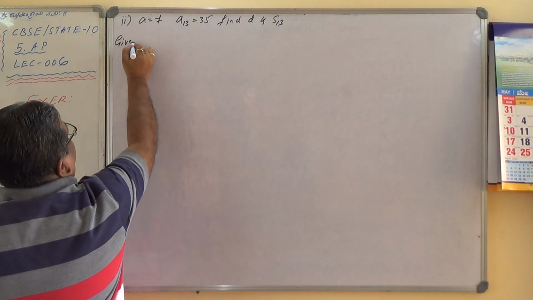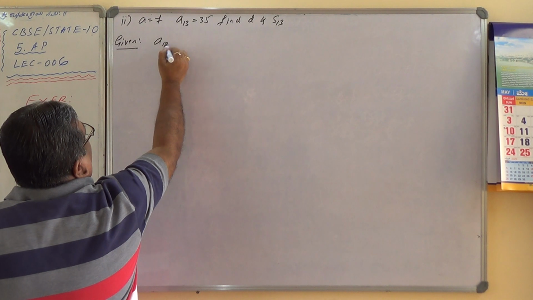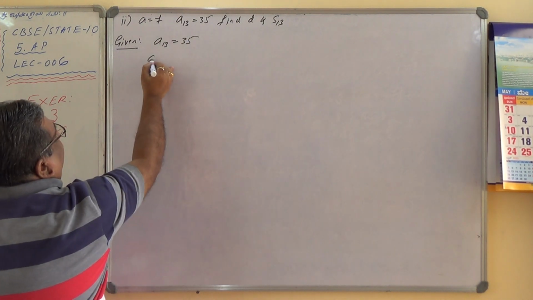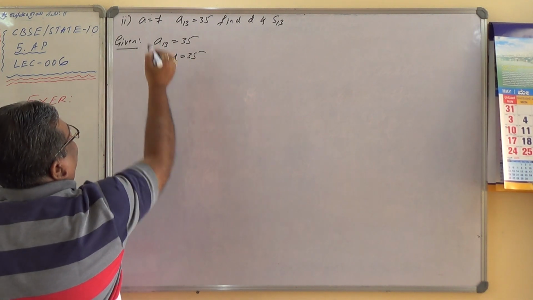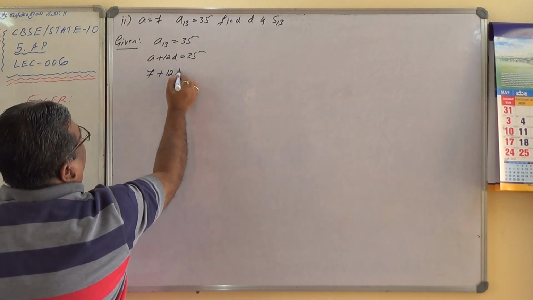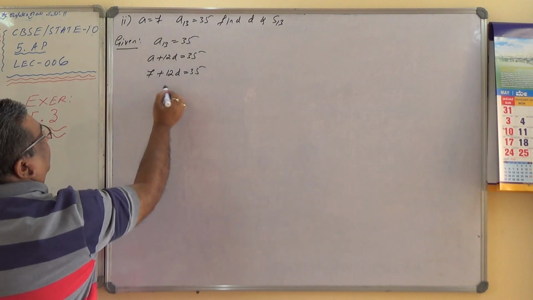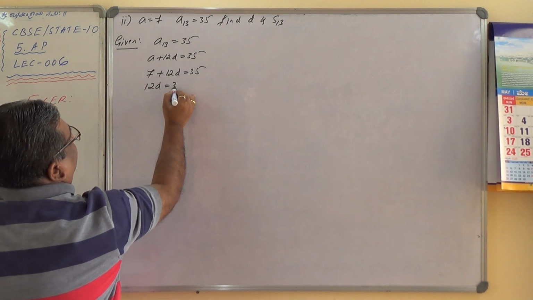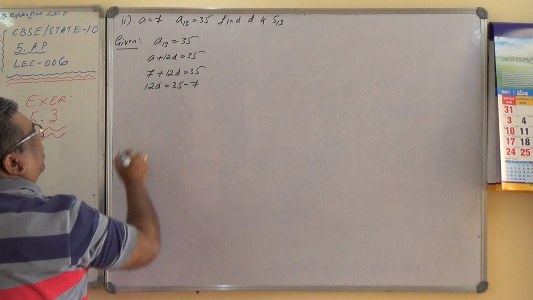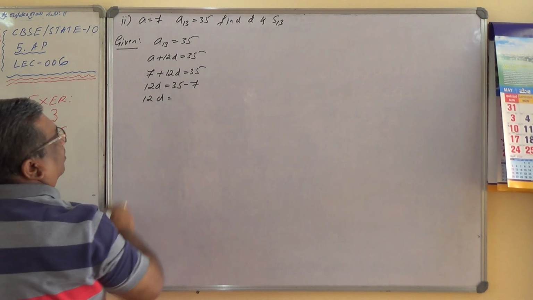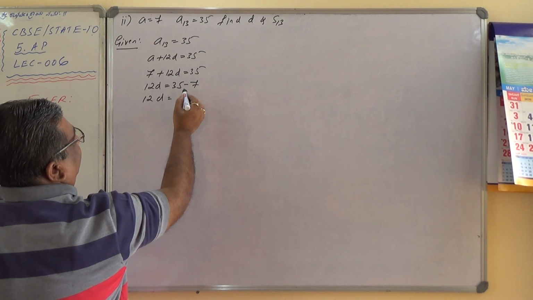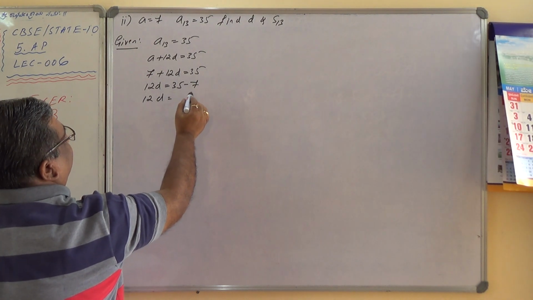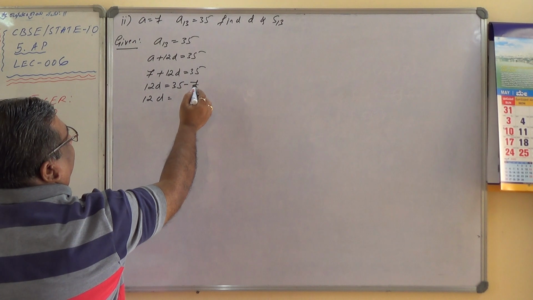Given A plus 12D equals 35. A is how much? 7. 35. So 12D equals 35 minus 7. So 12D equals 28.